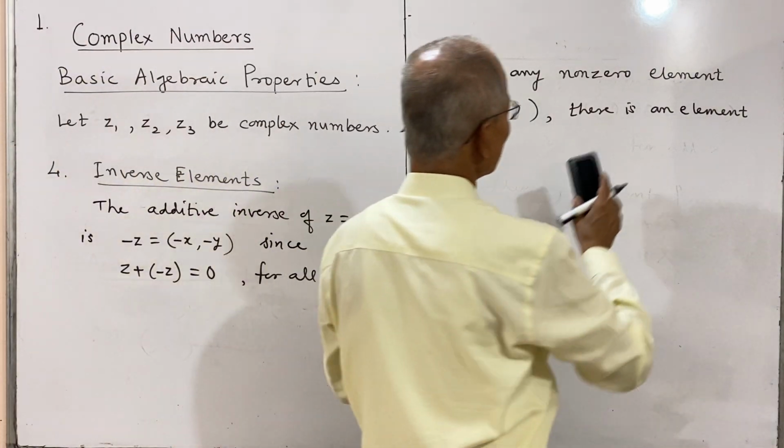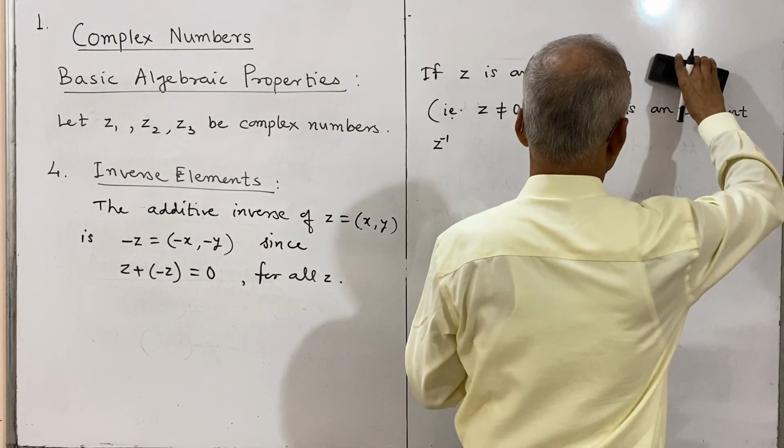So instead of element we say non-zero complex number.